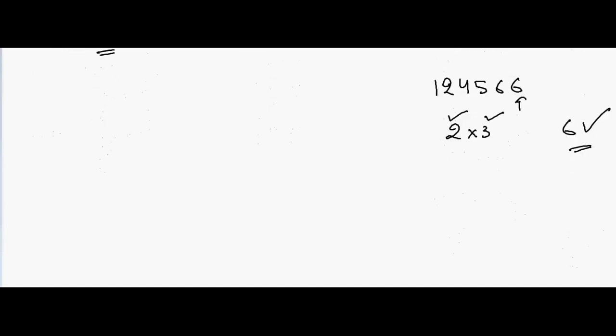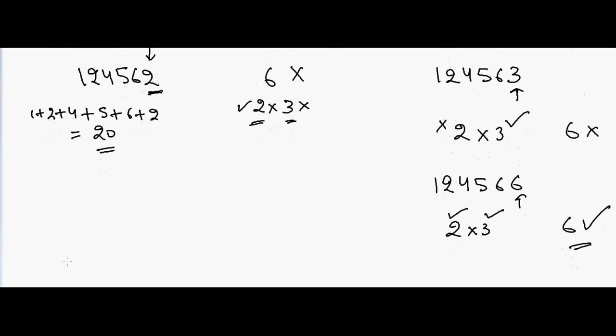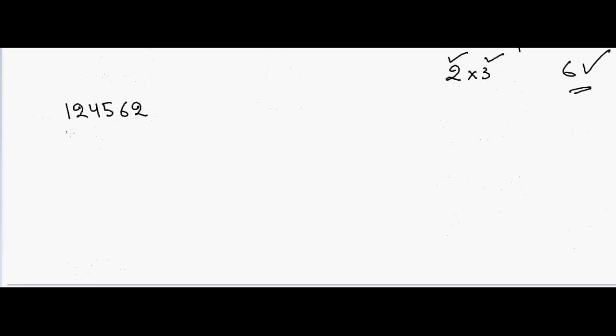Now let's go for 8. So now we have 1 2 4 5 6 2, and we want to find out whether this number is divisible by 8. In that case, we take the last 3 digits and see if 562 is divisible by 8. If we divide it by 8, we get 70 and something which is not a whole number.